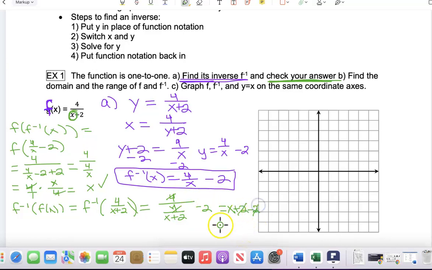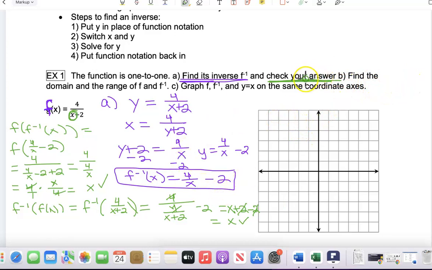Then those cancel, and then I get equals x. What I do not want to see is you just hacking off pieces without actually doing the simplifying. So I only reduced one piece at a time, the only piece that made sense in each individual step.